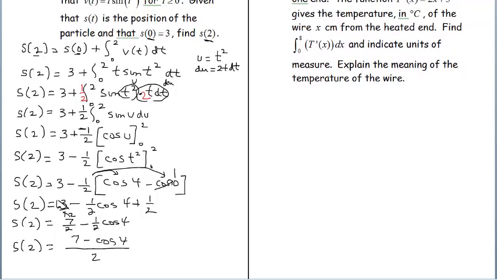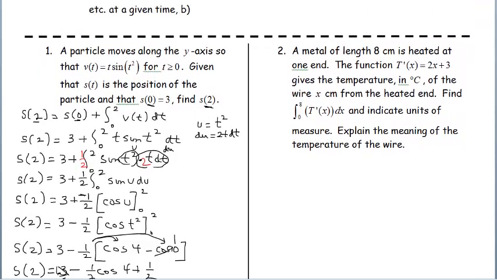So let's take a look at example 2. Alright, so we have a piece of metal that's 8 centimeters long, and it's heated at one end. It's like you're sticking it in a fire. The function T prime of x, this linear function, gives the temperature in degrees Celsius of the wire x centimeters from the heated end.